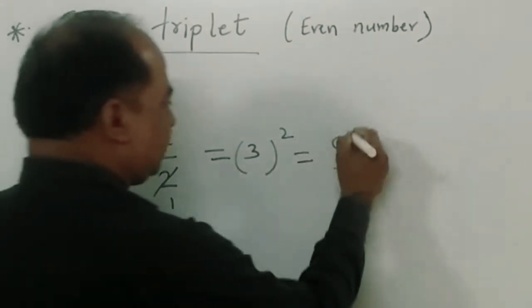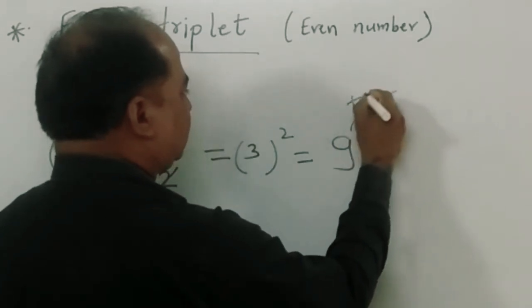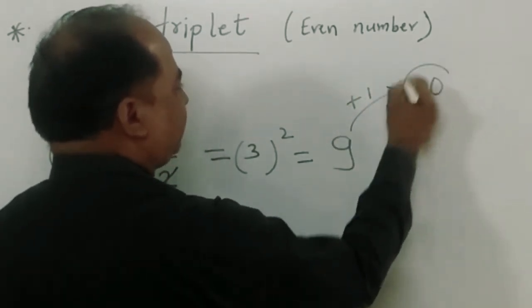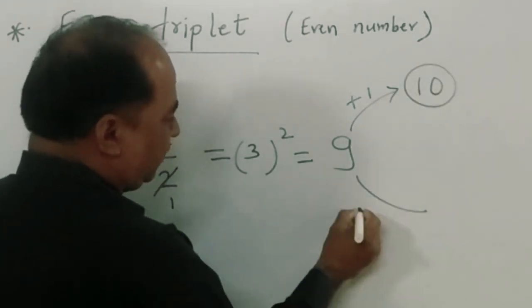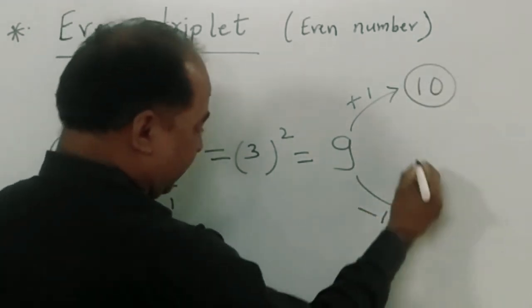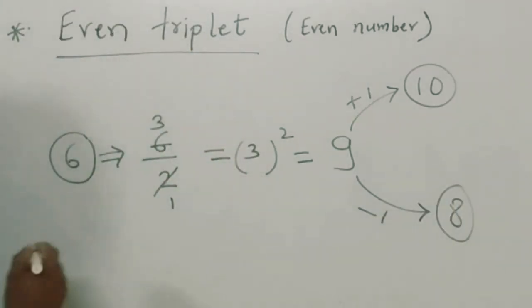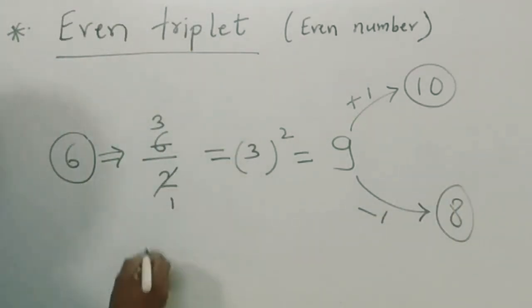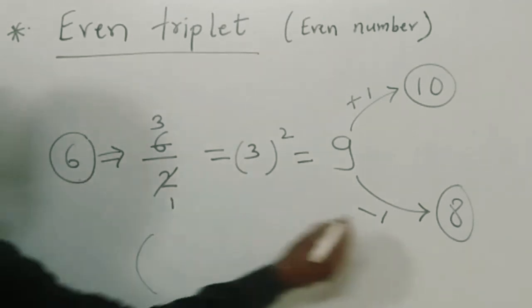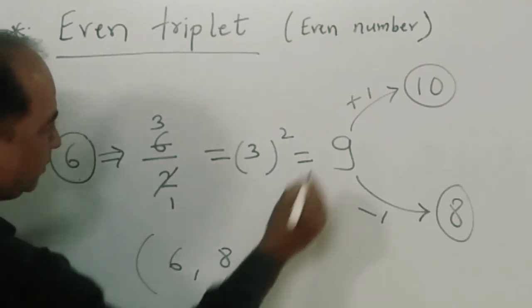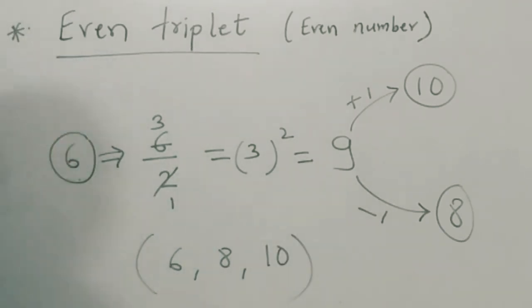So here we have to add 1 to this 9, so we will get 10, and subtract 1 from the 9. 9 minus 1 is equal to 8. So the Pythagorean triplet is 6, 8 and 10.